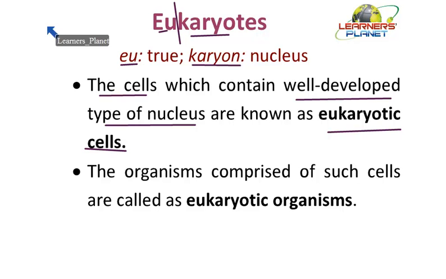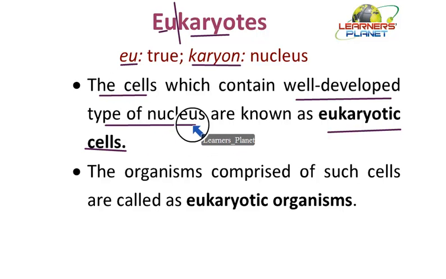Now what do you mean by this well-developed nucleus? Since the beginning we are saying this point, we are discussing it thoroughly. So here it means that a complete demarcated boundary is separating the nuclear material from the cytoplasm, and such an organelle, which is a membrane-bound organelle containing nuclear material within its cavity, is known as the nucleus.